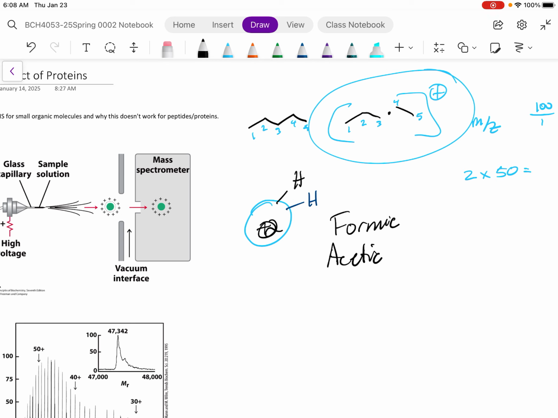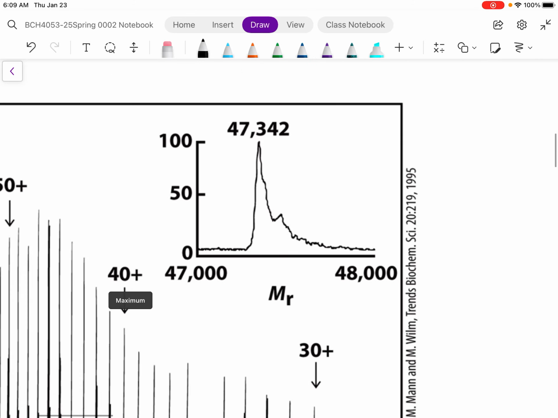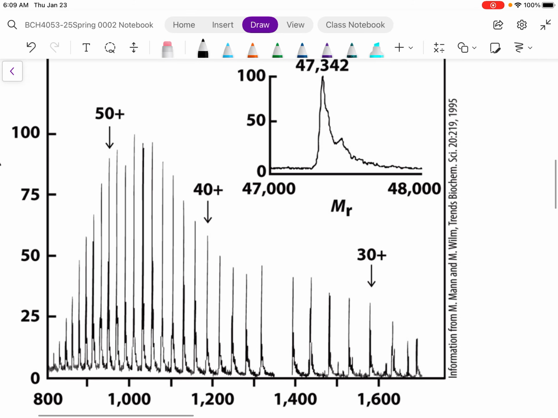So when you add formic acid, you have this massive protein with many, many basic sites that can grab a proton. And so when you shoot that into the mass spec, you're going to get a mass spec that looks like that. And that's of the protein. And so each one of those signals is a different charge state.